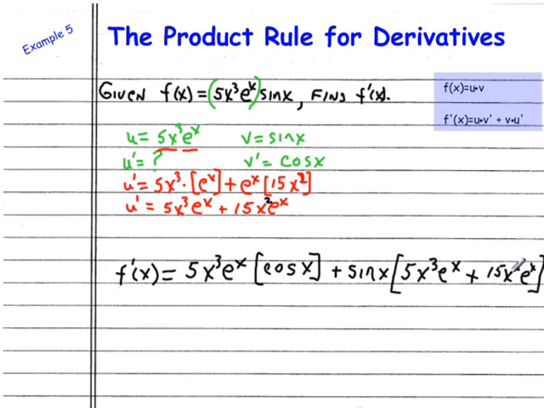Now, we do see that we can do some distribution. We can distribute this sine x through that resulting derivative from earlier.